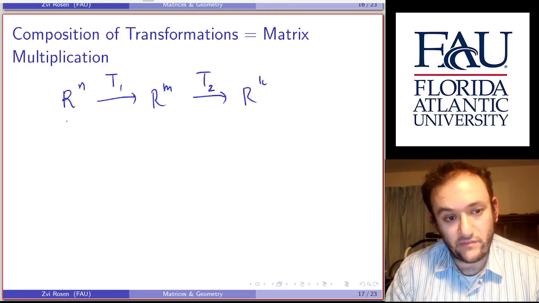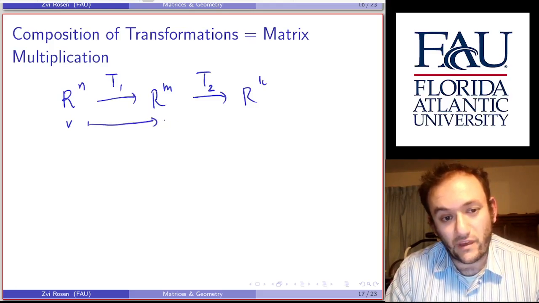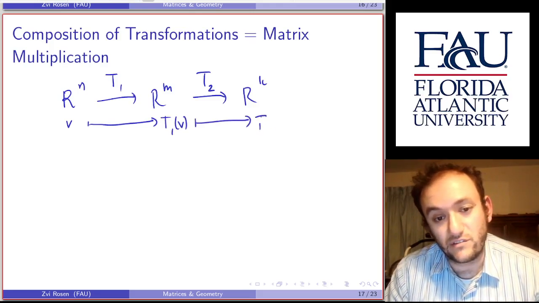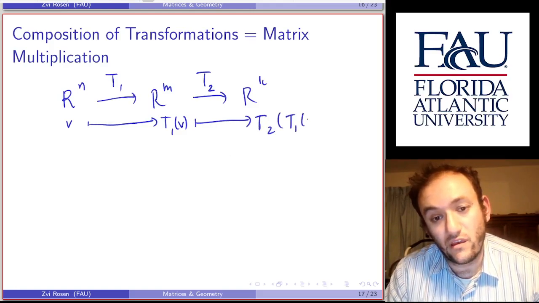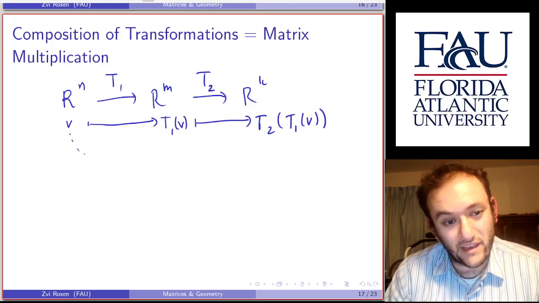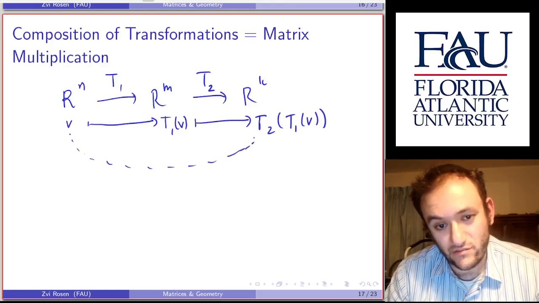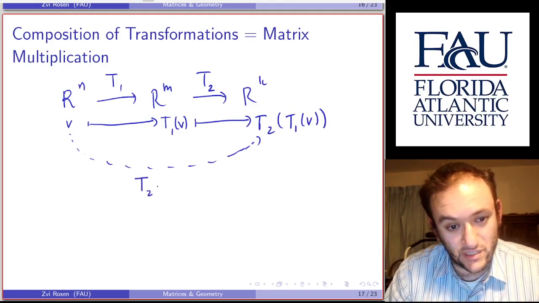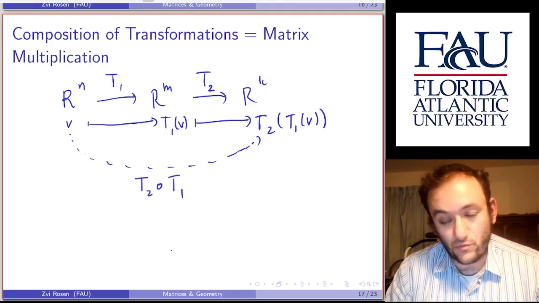If I take a vector V and pass it through this map, I get T1 of V, and I can pass it through this map as well to get T2 of T1 of V. The map we get by going straight to T2 of T1 of V is called the composition, T2 of T1.